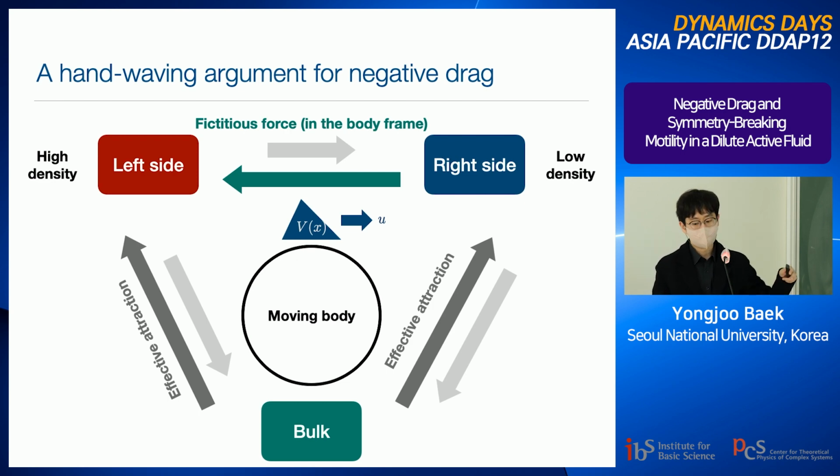So what happens here is that in response to some kind of motion, which can be caused by chance, the active particles are responding to this effectively asymmetric potential in the moving frame, and they respond in a way which actually enhances this asymmetry.